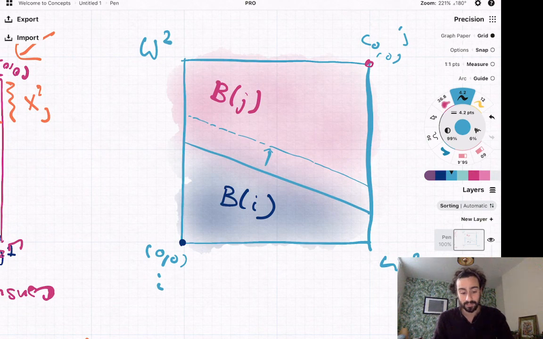And consumer J, because we fixed the total amount in the economy, we've just moved it from J to I, J now has less affordable bundles. And so each line here corresponds to a different budget set, which is a different ratio of allocations between consumer I and consumer J.